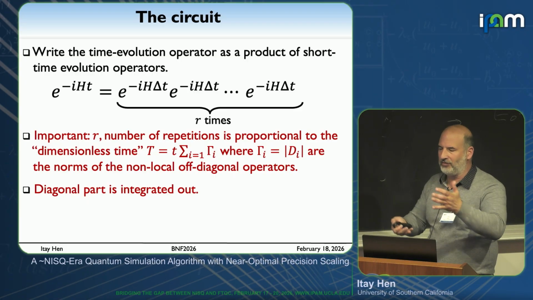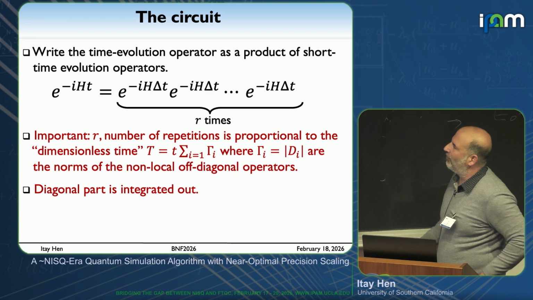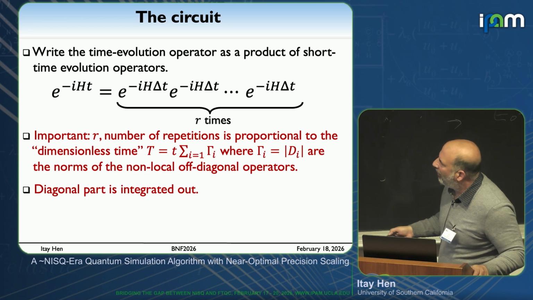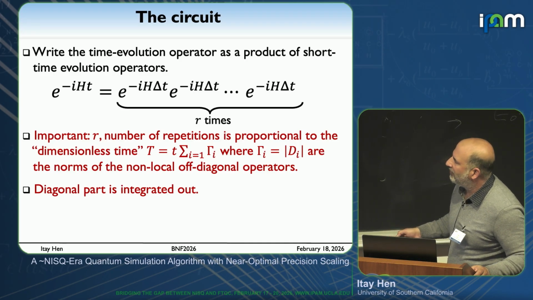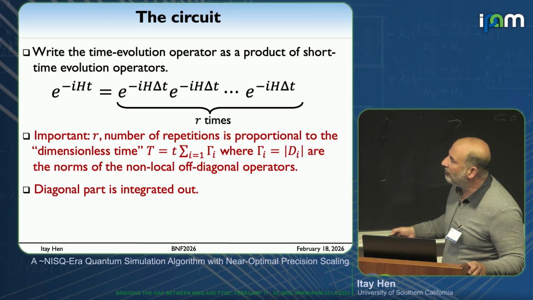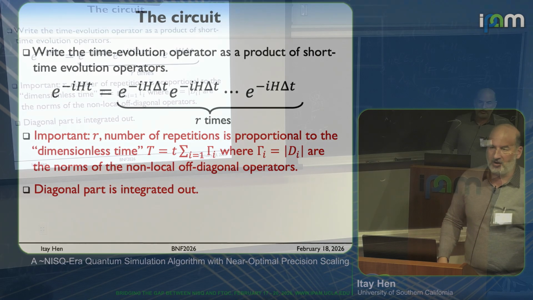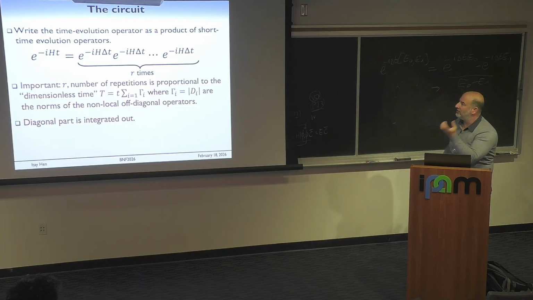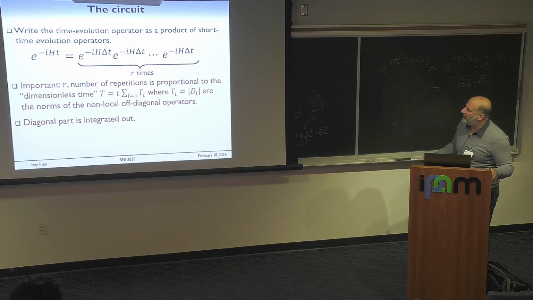For those of you who do Hamiltonian simulation and slice the time into short time evolutions, usually the dimensionless time depends on the actual time, but it also depends on the norm of the Hamiltonian. Usually, the product of time and the norm of the entire Hamiltonian sets the tone of what the complexity is.